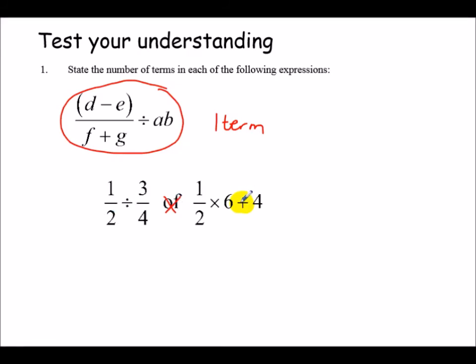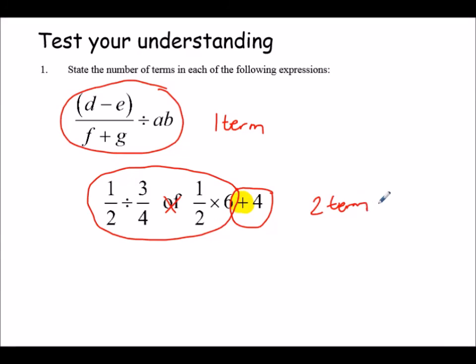So everything, this is my first plus or minus sign, everything in front of it is one term. So in this case, we have 2 terms, also known as a binomial.